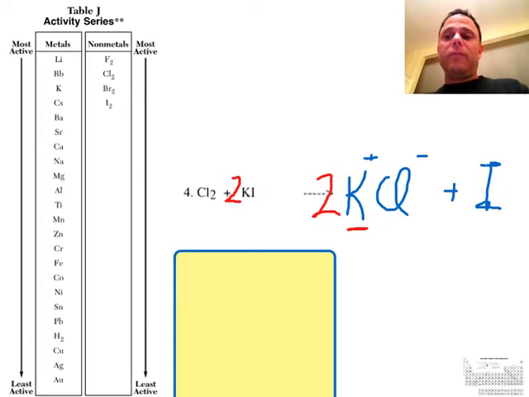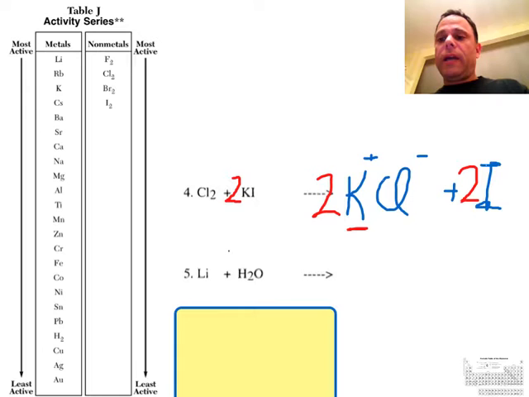Inadvertently, that increased my number of iodines. So what happens if I increase this? Now let's quickly inspect. On the left I have a total of 2 moles of chlorine. On the right, 2 moles of chlorine. On the left, 2 moles of potassium. On the right, 2 moles of potassium. And on the left, 2 moles of iodine, 2 moles of iodine. It works.